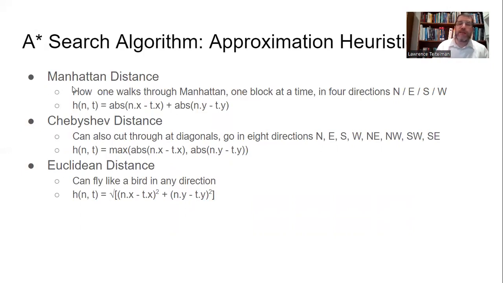In the Manhattan distance, it's the way you're supposed to walk in Manhattan, which means you do 1 block north, east, south, or west, and you can do another block in another direction. You're not really supposed to cut through diagonals. And of course, in Manhattan, it's hard to cut through diagonals because there are buildings everywhere. There are some occasions where there's a park and you can cut through the park on a diagonal, but for the most part, we have buildings everywhere.